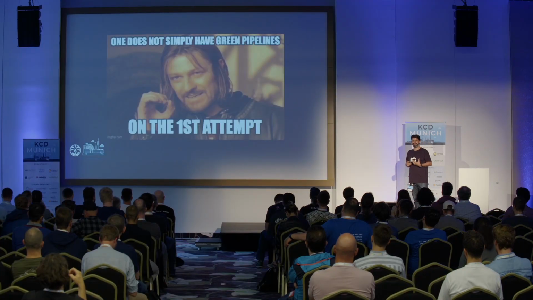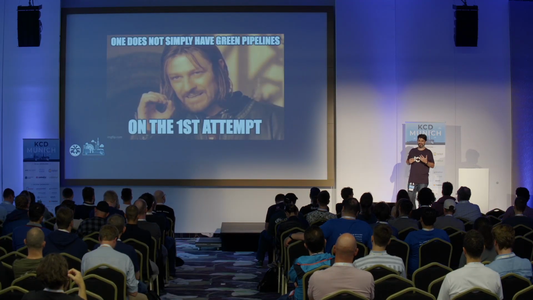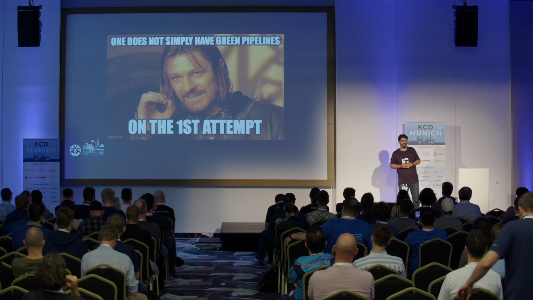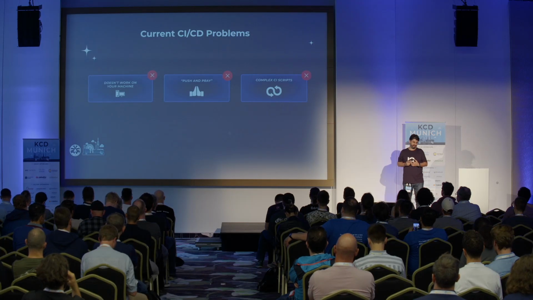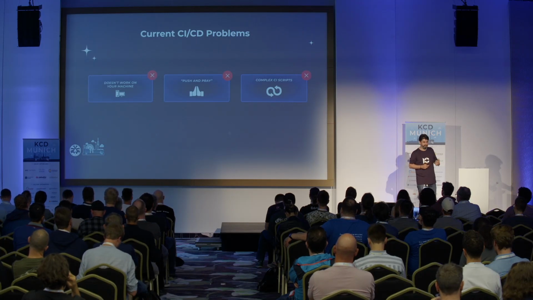Regarding pipelines, I think all of us have this issue. When you create a new pipeline, it's red for a couple of tries, and then you make it green. And why that happens is actually quite simple. You can't test it before.